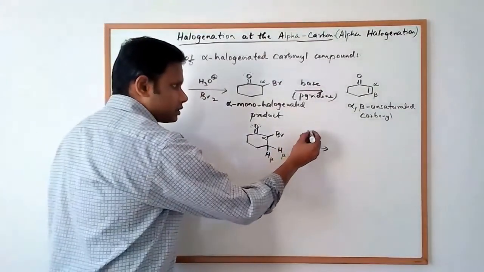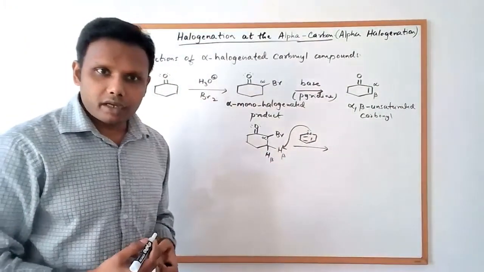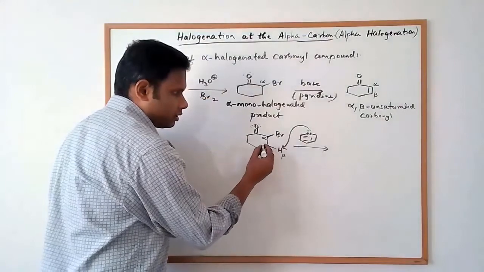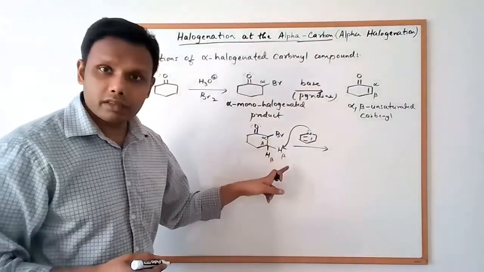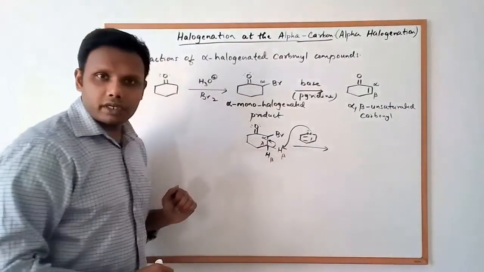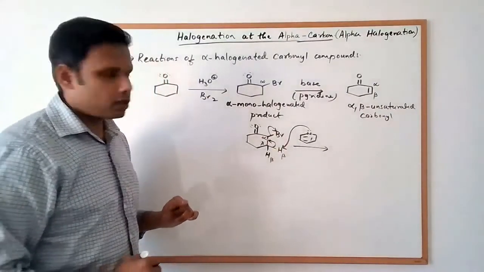So it will go ahead and deprotonate one of these beta hydrogens. And when that happens, the electrons in the bond between the beta carbon and the beta hydrogen fall into the space between alpha and beta, and simultaneously the halogen is lost.